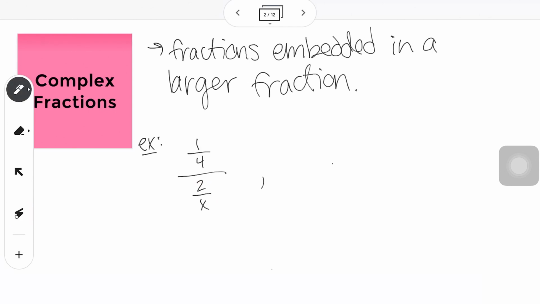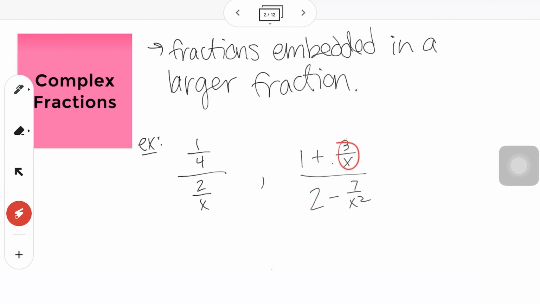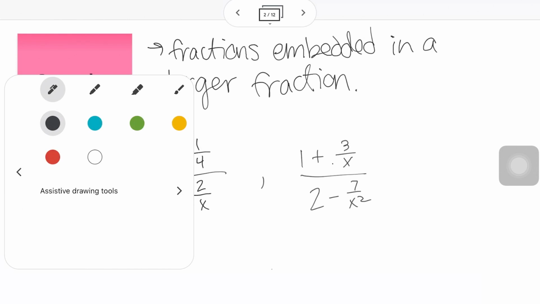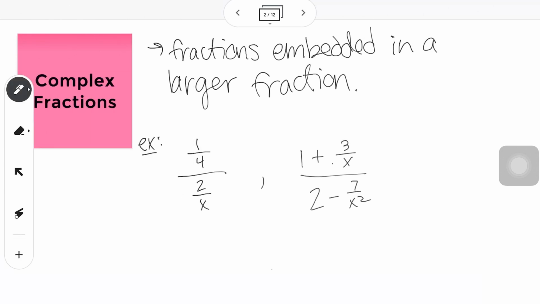It could also have more operations in the top. So maybe it's 1 plus 3 over x, over 2 minus 7 over x squared. That is also a complex fraction because you have one big fraction and then littler fractions within it. This is going to show up a lot in trig, so what you're learning today never goes away.